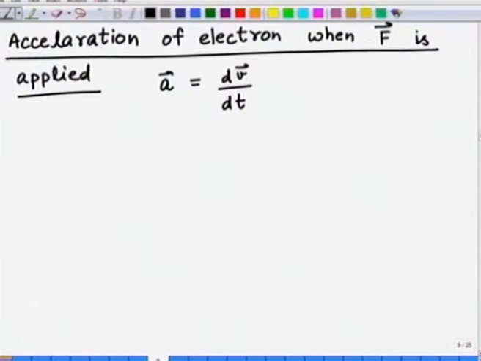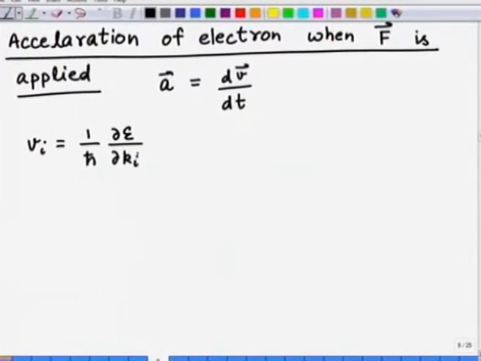So let us start doing this part. Now what I am going to do is start using indical notation. So let us start from here. What I will write is v_i, with i being 1, 2 or 3, is 1 over h bar del E by del K_i.